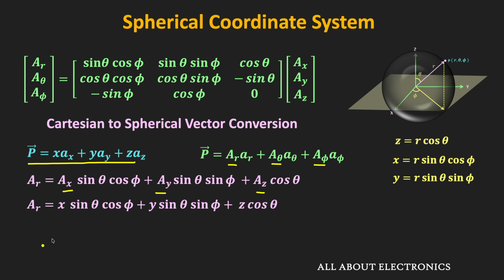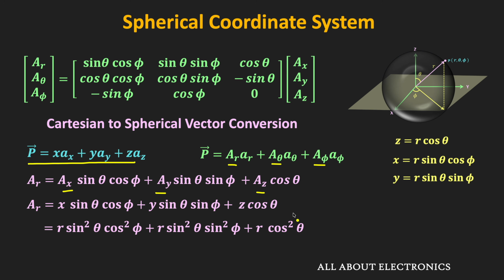That means we can represent X, Y and Z in terms of R, θ and φ. As per this relationship, X is equal to R sin θ cos φ. Likewise, Y is equal to R sin θ sin φ, and Z is equal to R cos θ.